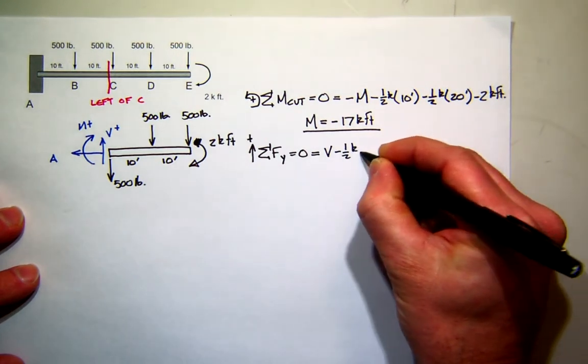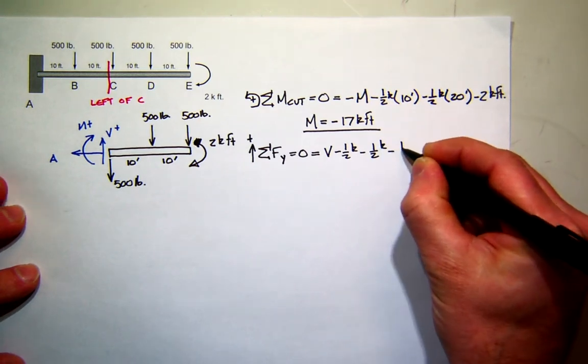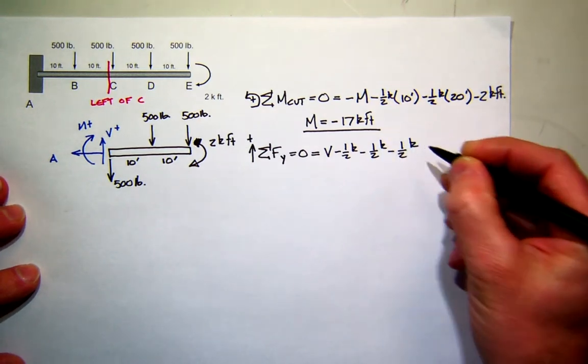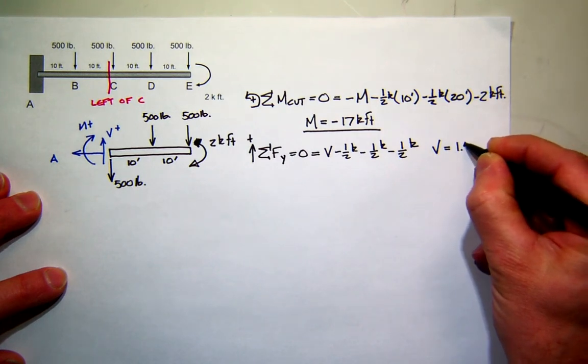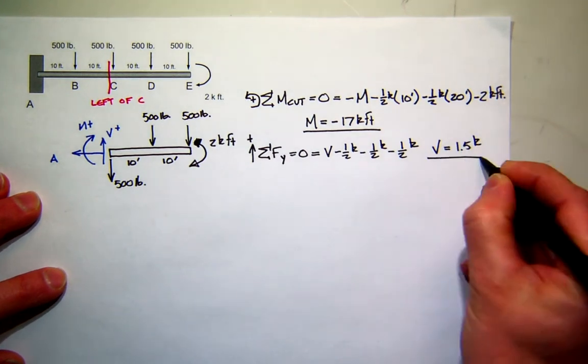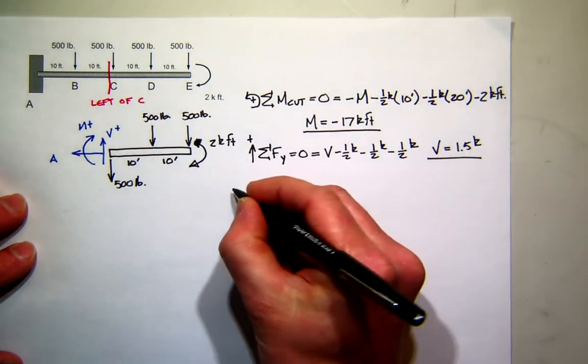So I'll say half a kip, half a kip, half a kip. So when I solve for the shear, what do I get? 1.5 kips, and looks like it's positive. See how easy this is? Nothing to it, right? I guess I'll finish it off.